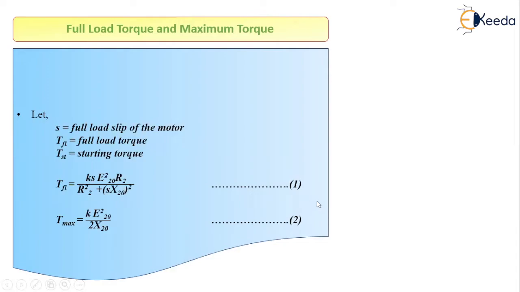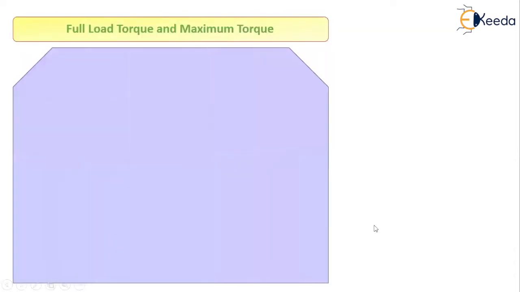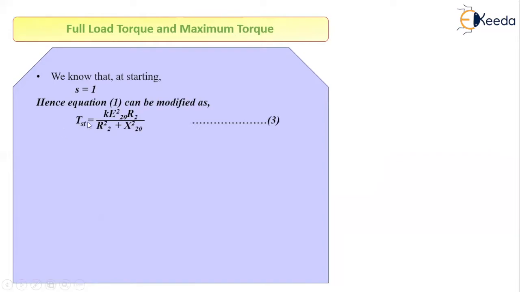Also, we have derived the equation for the maximum torque in the previous video. So that maximum torque, Tmax, is equal to K E20 square divided by 2 X20. Let it be equation number 2. Now we know that at starting the value of slip is equal to 1. So if we substitute slip equal to 1 in equation 1, it can be modified as TST.